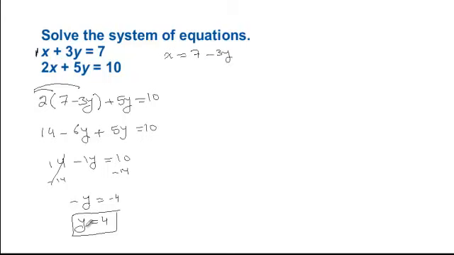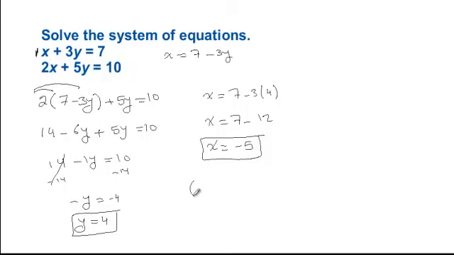So we replace y by 4 in this equation, and we get x equals 7 minus 3 times 4, which is 12, so x equals 7 minus 12, which is minus 5. So we got x equals minus 5 and y equals 4, and we put it in an ordered pair: minus 5, 4.